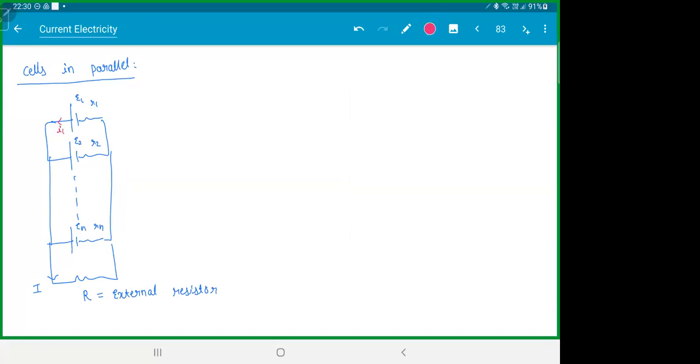Let's say this current is I1, this current is I2, this current is In. We get the total current I equal to I1 plus I2 plus so on till In. And we can write Kirchhoff's loop law through each equation. We get E1 minus I1 R1 minus IR is 0.